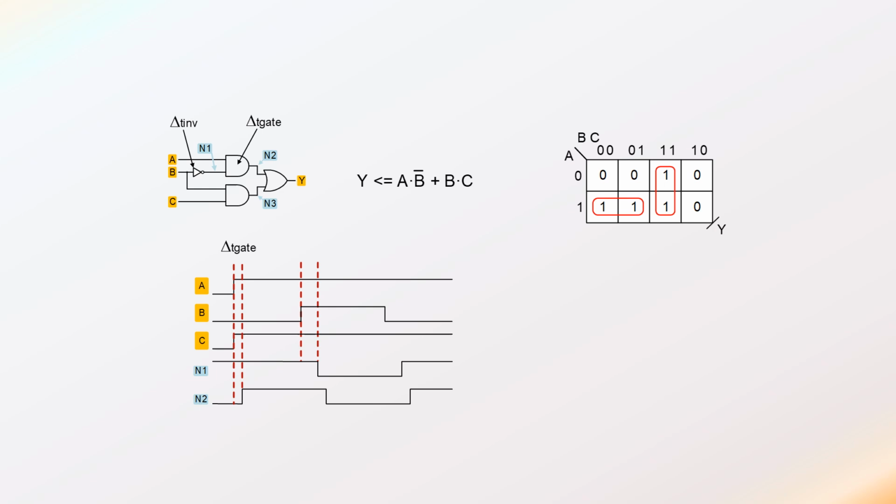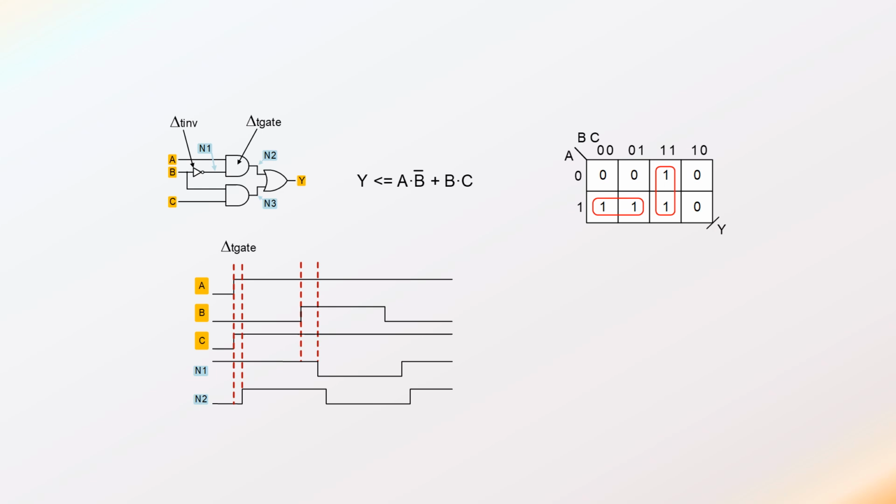And then node 2 is the AND of node 1 and A. And now I'm showing node 2 with a smaller delay time, in this case delta T gate. I'm showing node 2 transitioning after that delay time as the ANDing of A and node 1.